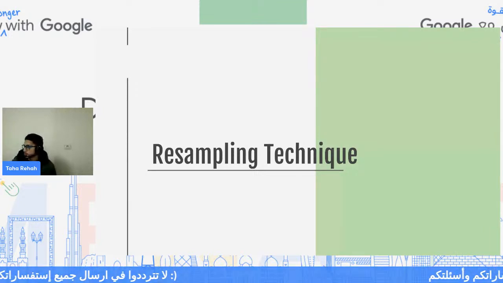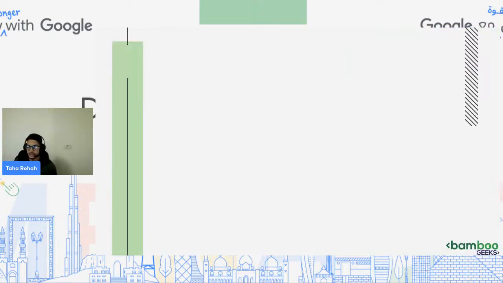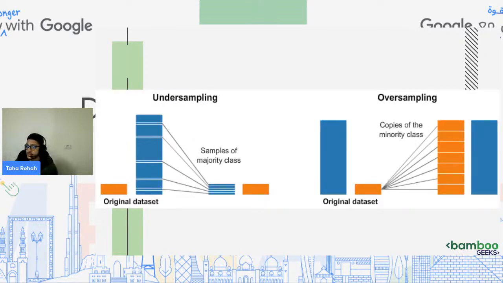Okay, so I have Mohammed and Usama here. Great. So if it's clear, let's move to resampling, the technique that comes after the metrics. As I said, there are two main techniques in resampling, which are oversampling and undersampling.